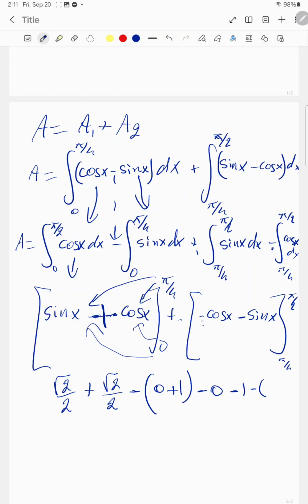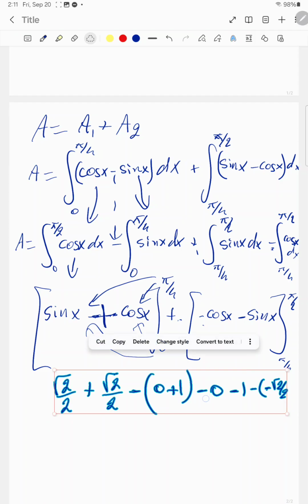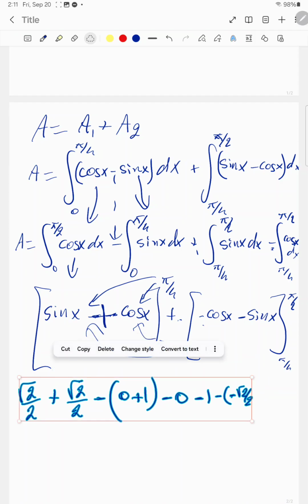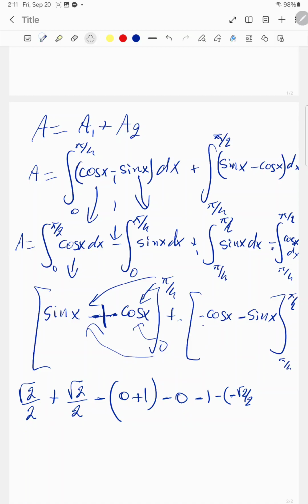It will be cosine of pi over 4. I have this minus here, so I put it, and this is square root of 2 divided by 2. And minus, the minus that is here, I put it here, and sine of pi over 4 is square root of 2 divided by 2.